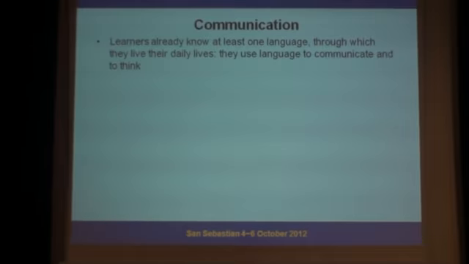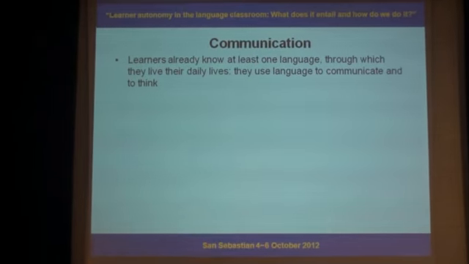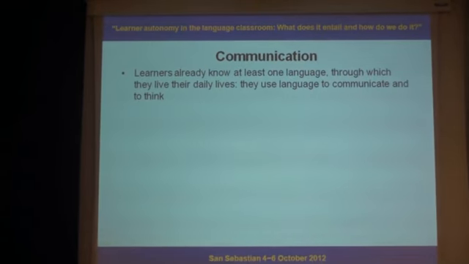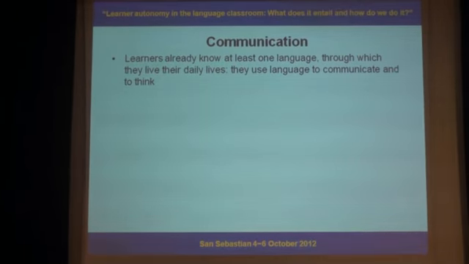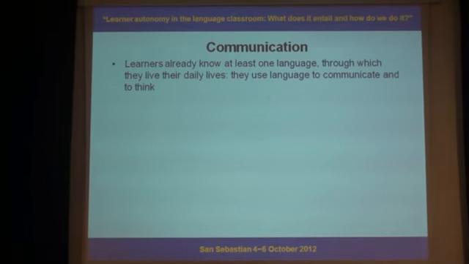So this holistic learner is someone who's got an identity, and of course the identity is going to be something that gets communicated. Communication is part of learners' old knowledge. They already know at least one language, and that's the medium through which they live their daily lives.